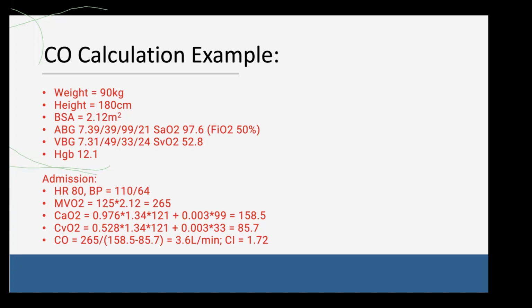And so the counter question I would have for you is, well, does the patient need this inotrope? Is this something that we can try weaning?